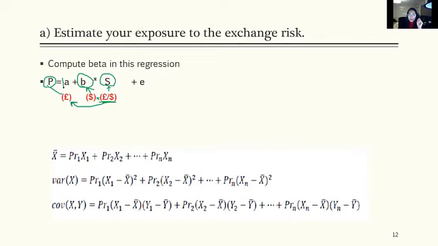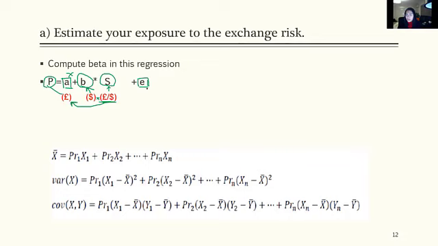We haven't talked too much about alpha and epsilon here. Alpha is your intercept. This is a constant, so it doesn't move with the exchange rate. So for the purpose of exchange rate exposure, we don't worry too much about the constant alpha. Epsilon is your error term. Every time you run a regression, you're going to have some error terms, because the regression does not fit the data points perfectly.